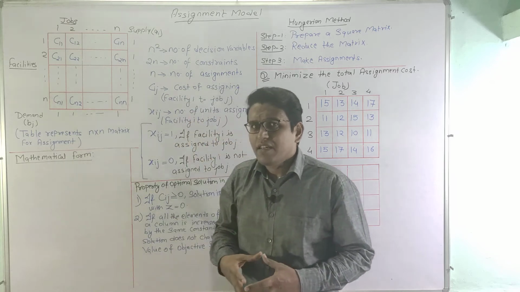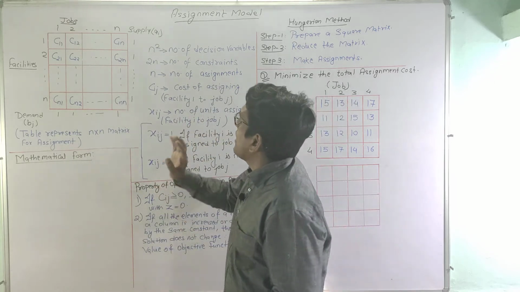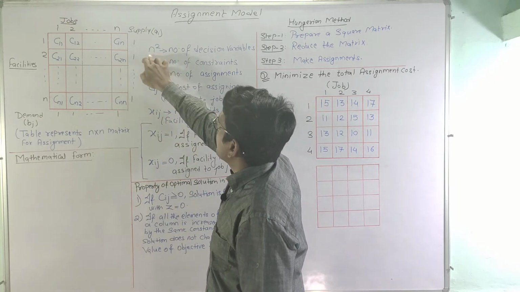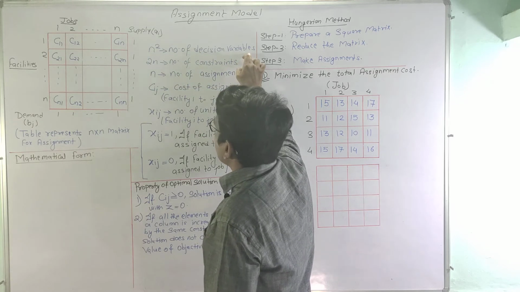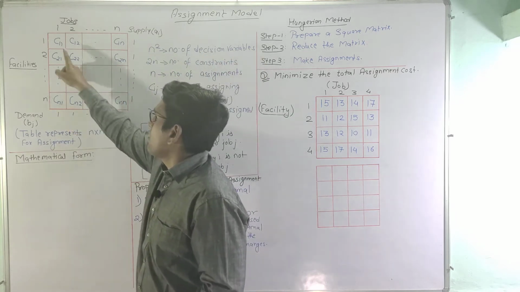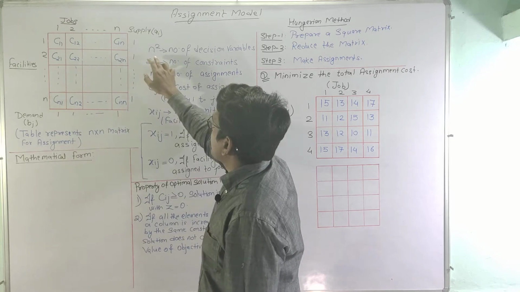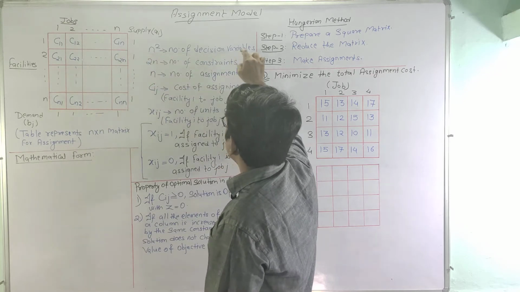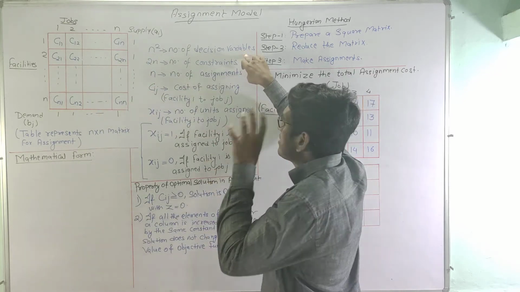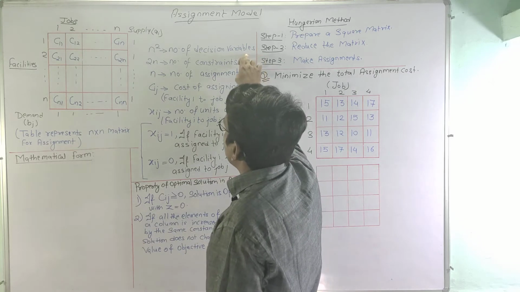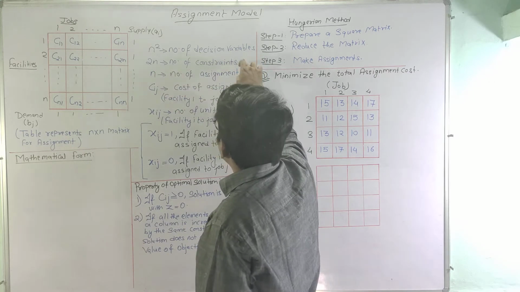So we can see here that there are n into n, that means n square number of decision variables. If we count all of them, it will be n square. So n square is the number of decision variables in this problem, and there are 2n number of constraints.